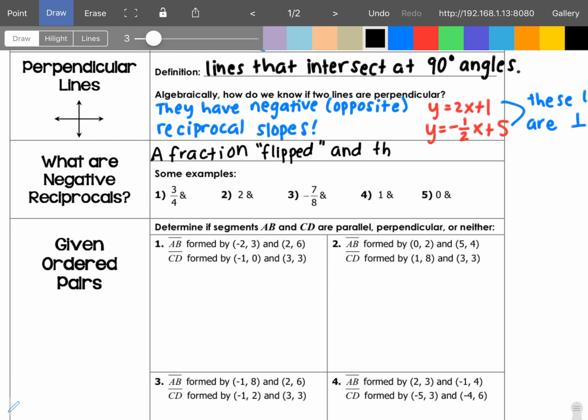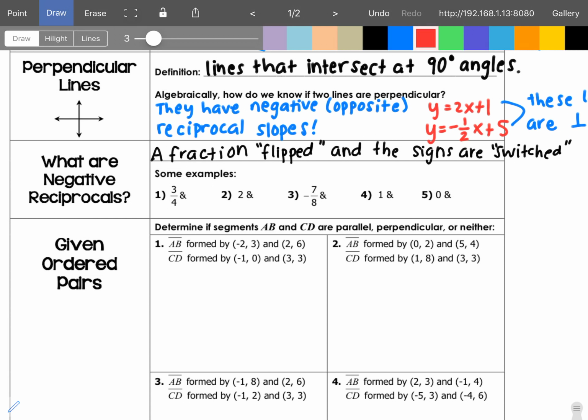So if it's positive, we turn it to a negative. If it's negative, then we make it positive. That's what it means for the signs to be switched. So when I say they have to be perpendicular, we're talking about negative reciprocals: a fraction flipped and the signs are switched.